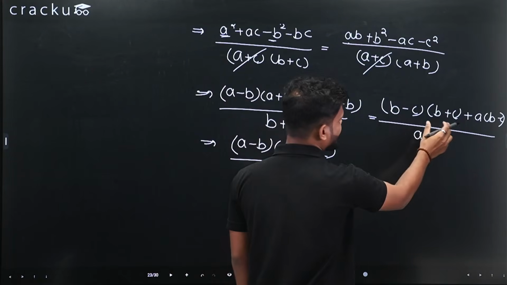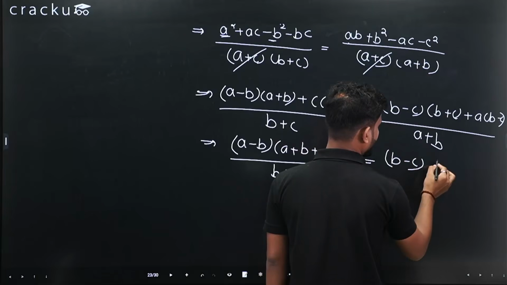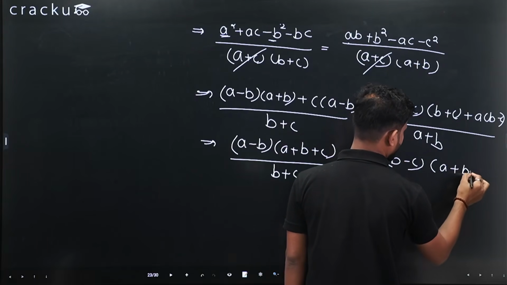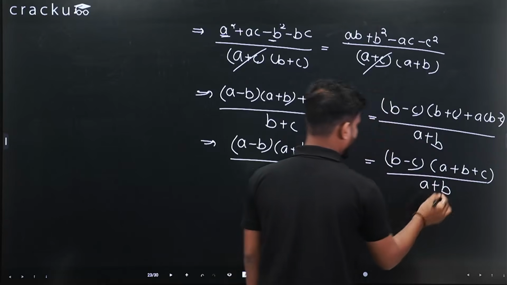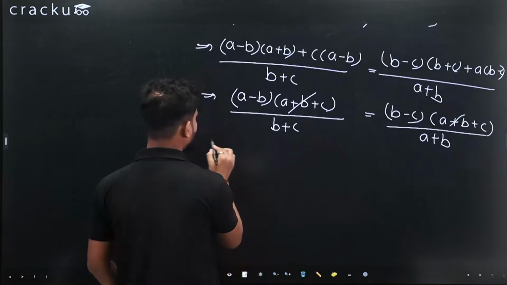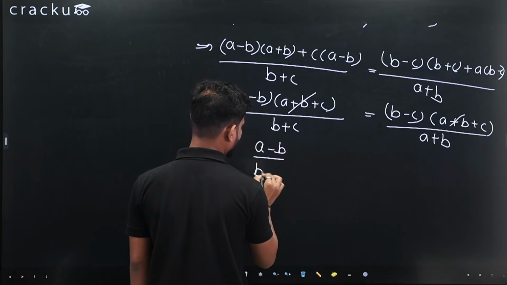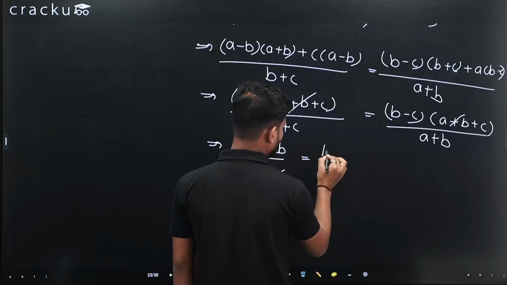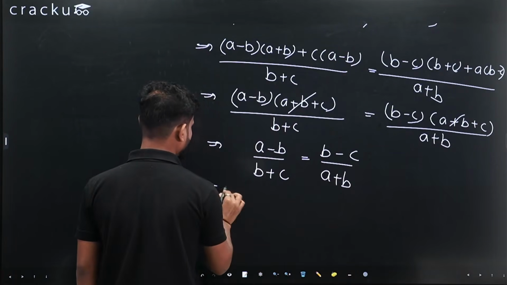From here I can take B minus C common. So B minus C into A plus B plus C upon A plus B. As A plus B plus C is non-zero, cancel this out. From here what can I get? I can get A minus B upon B plus C is equal to B minus C upon A plus B. Now cross multiply.